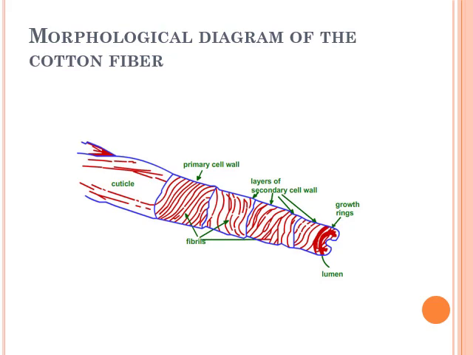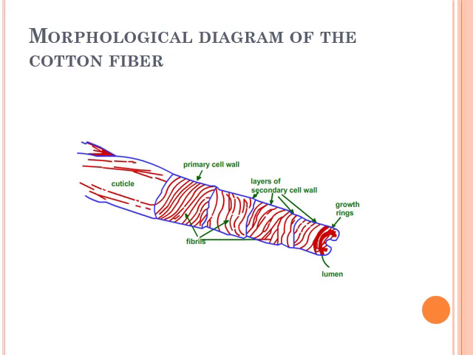Cotton fibers have a fibrillar structure. Their morphology is illustrated schematically in the figure. There are three main features: the primary wall, the secondary wall and the lumen.